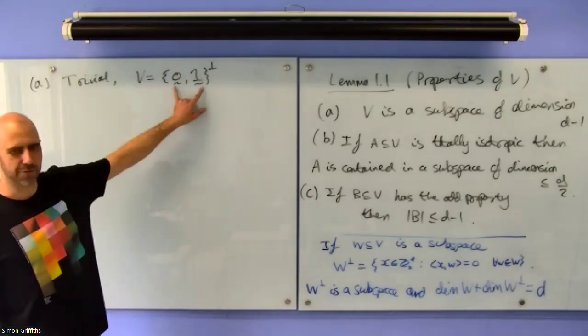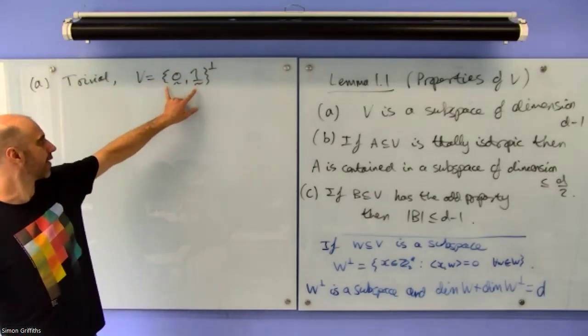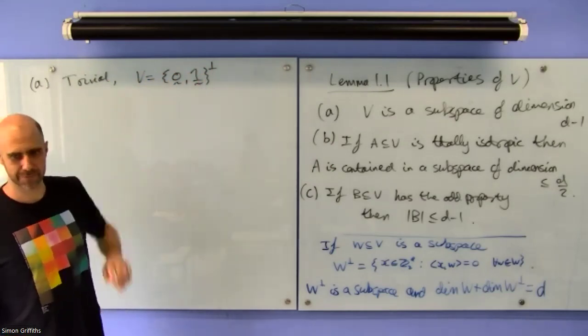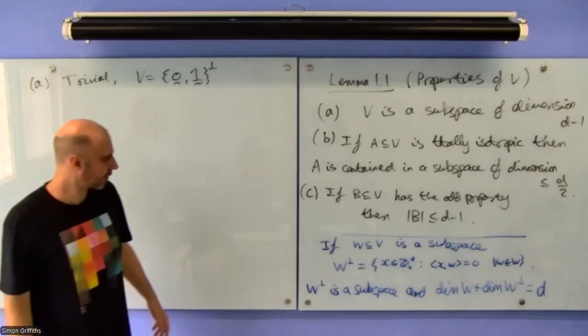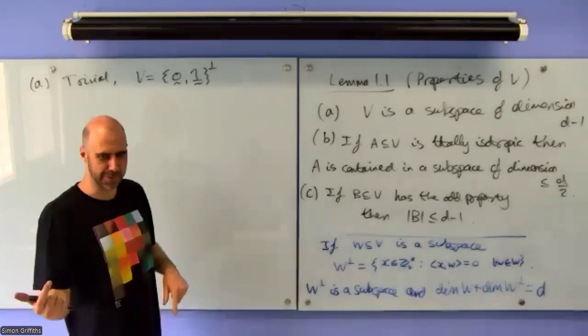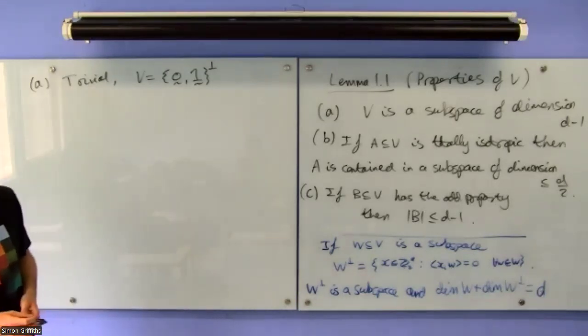This is a one-dimensional subspace, and V is the orthogonal space to it. So by these linear algebra facts, we know that V is a subspace and it has dimension D minus 1.